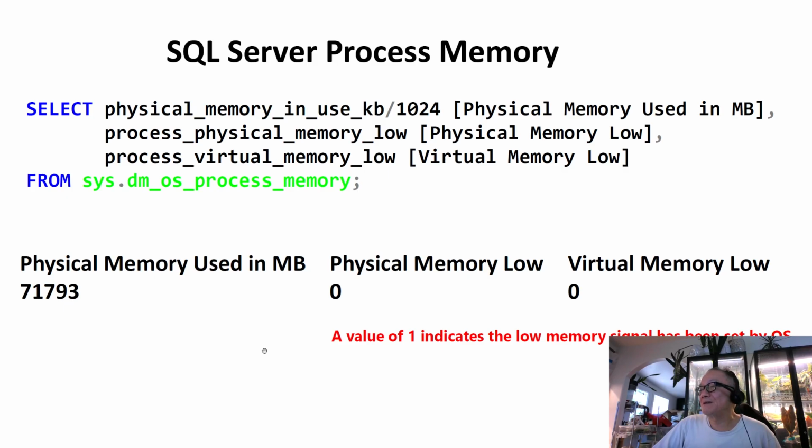Virtual memory includes paging to the hard drive. We got 0 for both indicators, so we are fine here. If any of these two indicators is 1, that means we have a memory constraint.